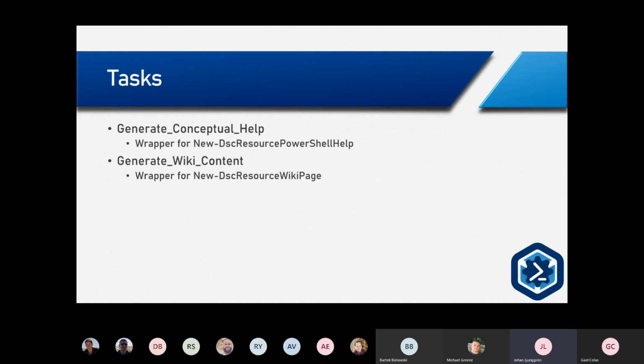We have two tasks that are a wrapper for the previous commandlets: generate conceptual help and generate wiki content. These are the ones that we are using in the pipeline.